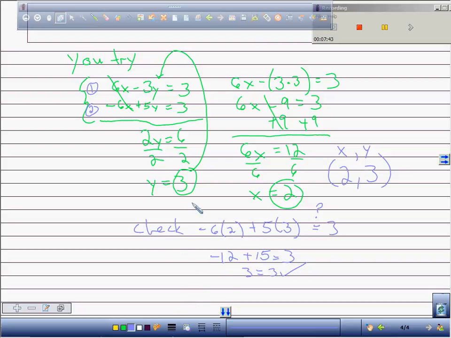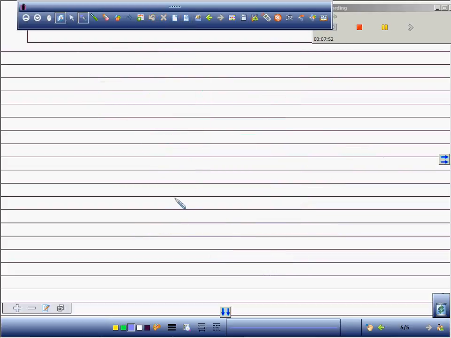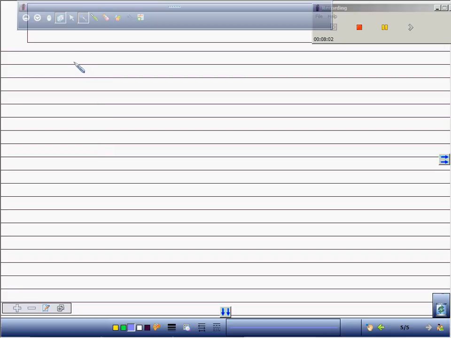Okay? Okay. Now, unfortunately for you, it gets harder. And then it gets harder than that a little bit. So let's just look at this one. 2x plus 5y equals negative 22.